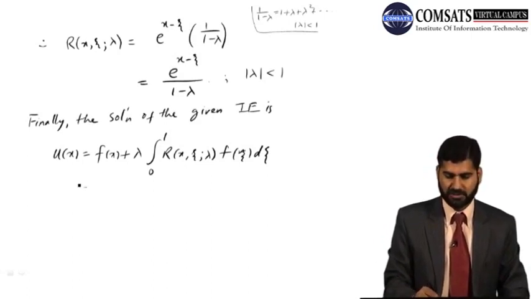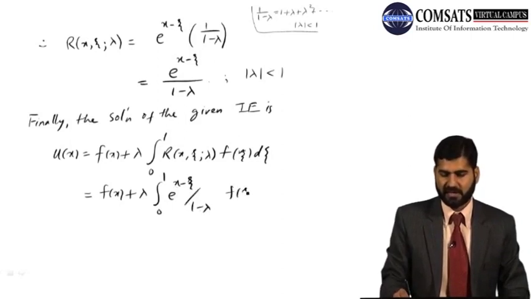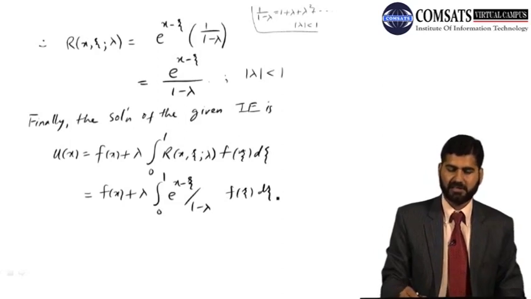So if you want to integrate, you can do it. Your resolvent kernel is e to the x minus xi over 1 minus lambda, times f(xi) dxi.